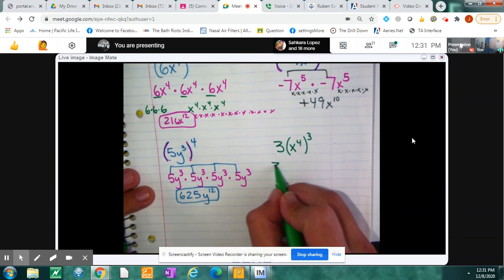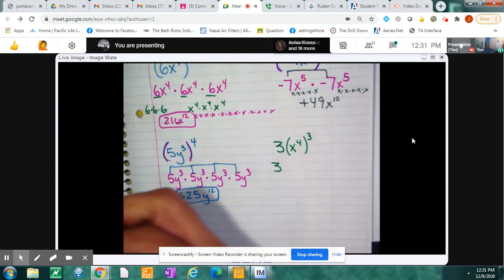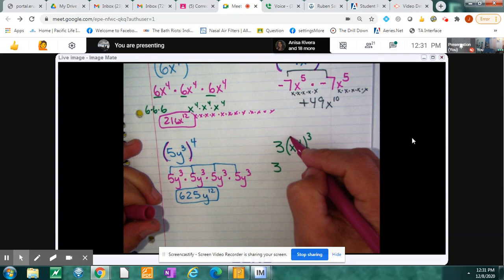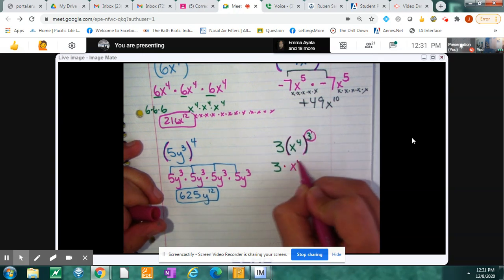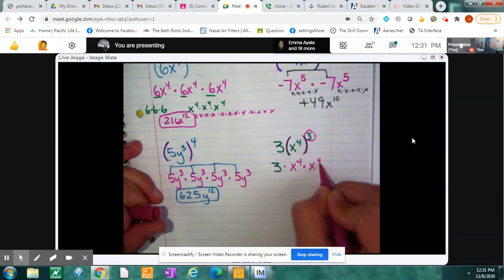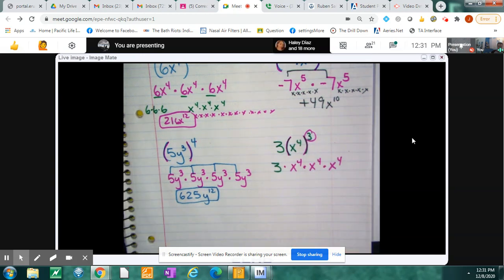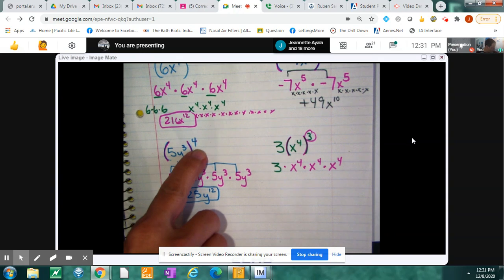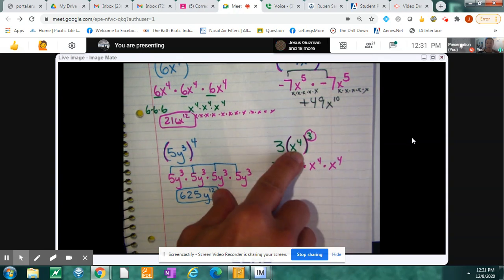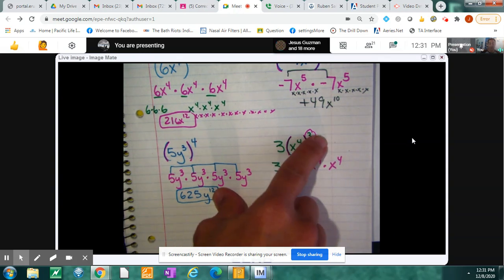We're going to write 3, and then we're going to write x to the 4th 3 times. 1, 2, 3. See that? So that's a tricky one. All right. Remember over here, whatever was in the parentheses was raised to the fourth. But this one, the x to the fourth was raised to the third.